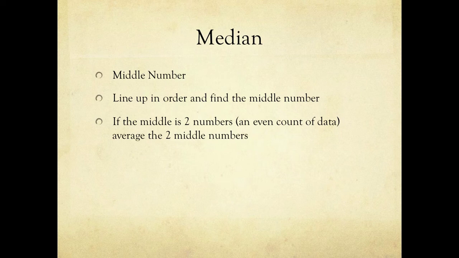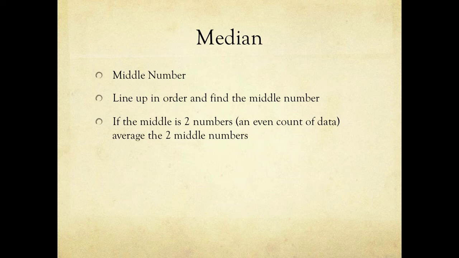So the middle number isn't affected by what that top or bottom number might be. Even if they're an outlier, all it really counts is the very top or the very bottom number, where the mean, if you're adding up that information, the mean could get skewed towards that outlier.